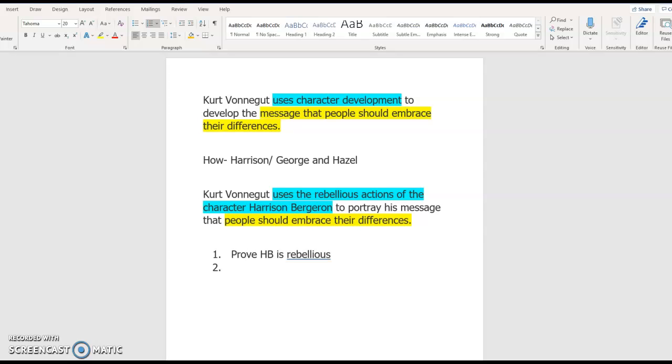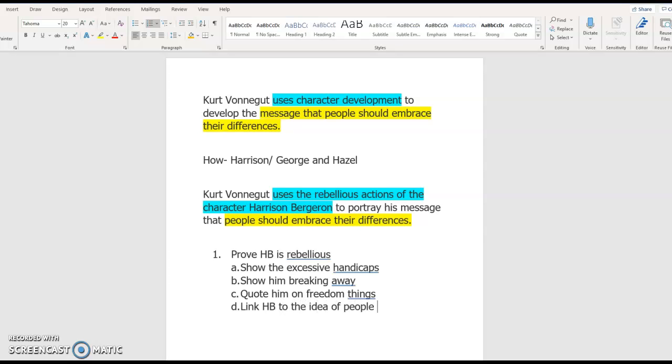So in proving he's rebellious, we have to show the excessive handicaps. We have to show him breaking away. We have to quote him on freedom things. And then we have to link him to the idea of people embracing their differences. So that would be how we would take this claim and go through some body paragraphs.